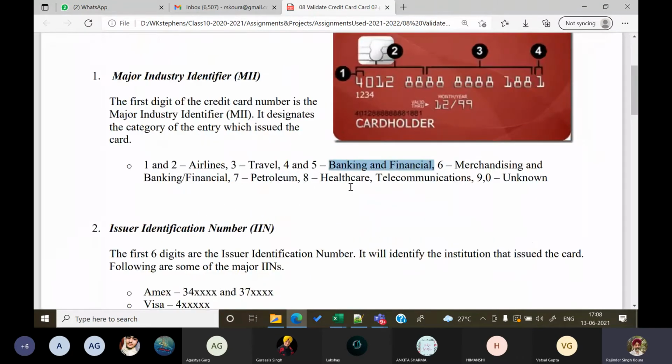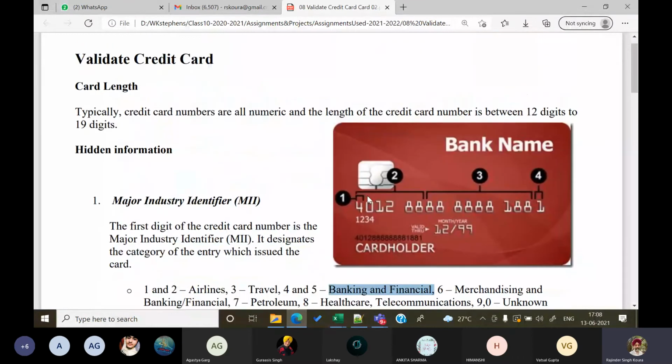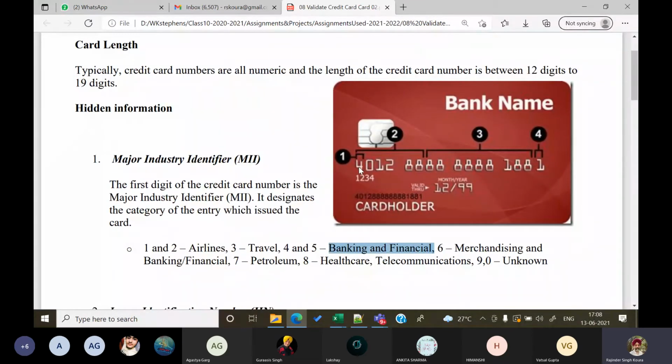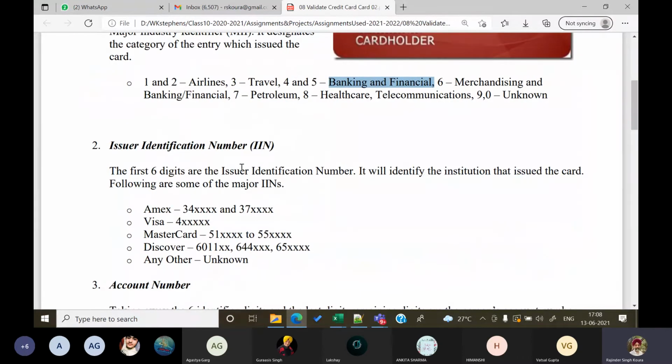Next, the issuer identification number, that is the first 6 digits, including the first digit. The first 6 digits, that is 401288, basically tell the system who the issuer is. Issuer means which organization has issued it. If it starts with 34 or 37, the rest of the digits could be anything, it is an American Express card. If it starts with 4, then it is a Visa card.